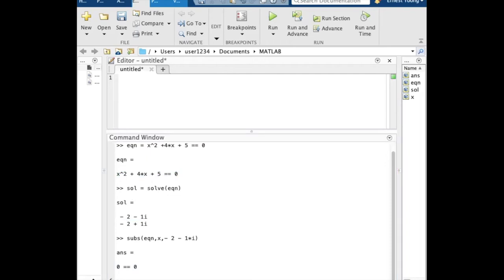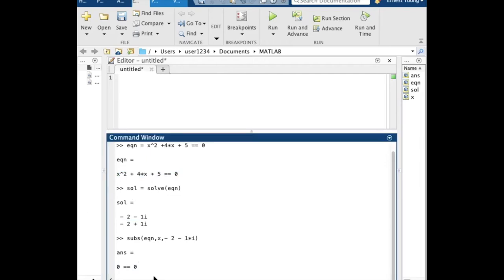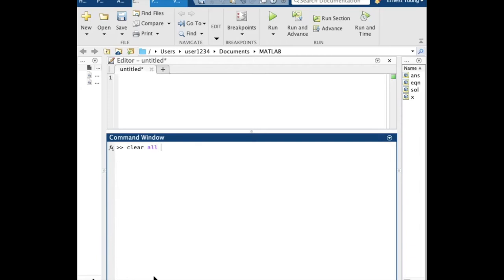Next, let's try another example. I have my symbolic variables as x, y, z, and n.